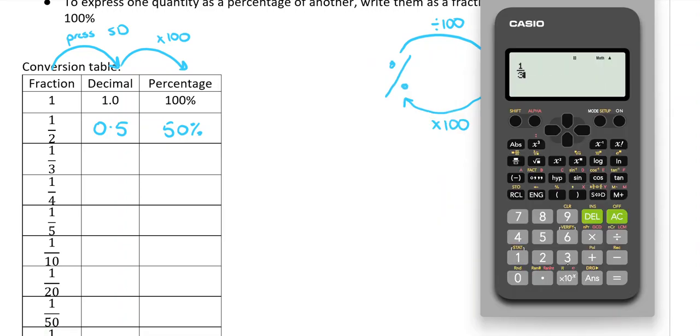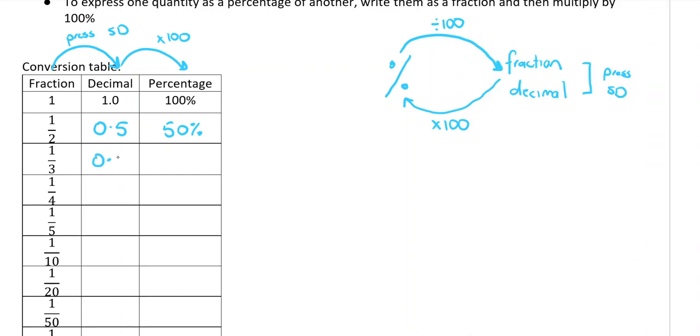It's 1/3. How am I going to change it into a decimal? What am I going to press? SD, that's right. That's a recurring decimal, 0.3. I'm going to put a dot above it to say that those threes will just keep repeating.